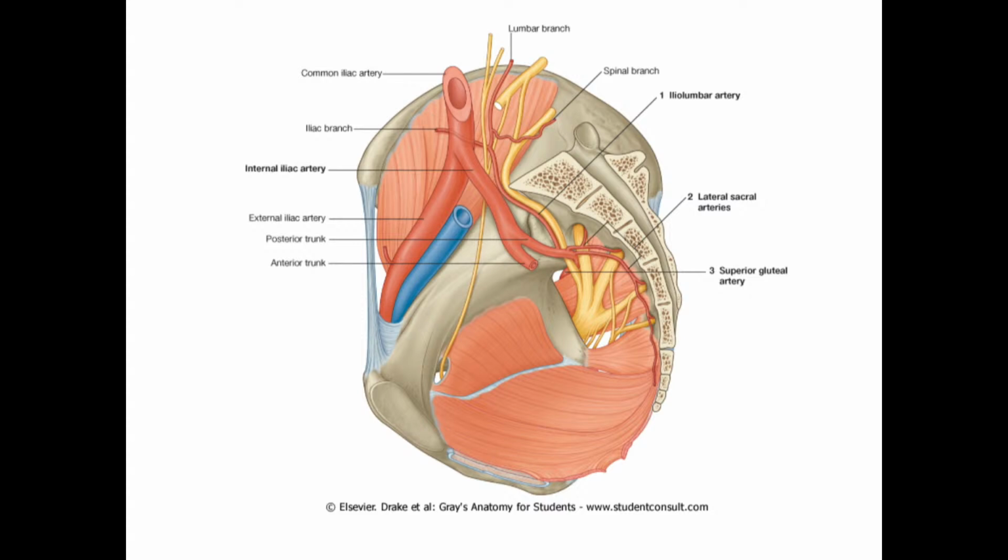They give rise to branches that pass into the anterior sacral foramina to supply the related bone and soft tissue structures in the vertebral sacral canal, and skin and muscle posterior to the sacrum. So this is what I explained, where these branches are located.